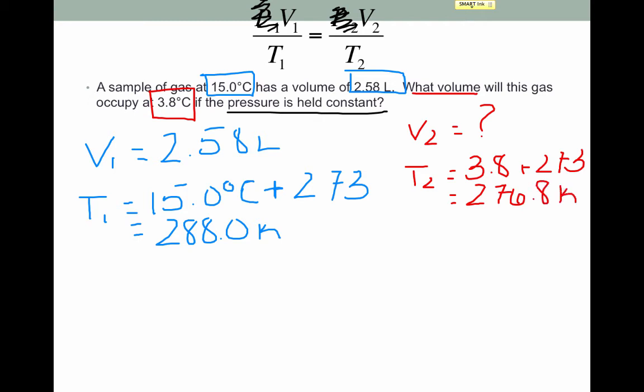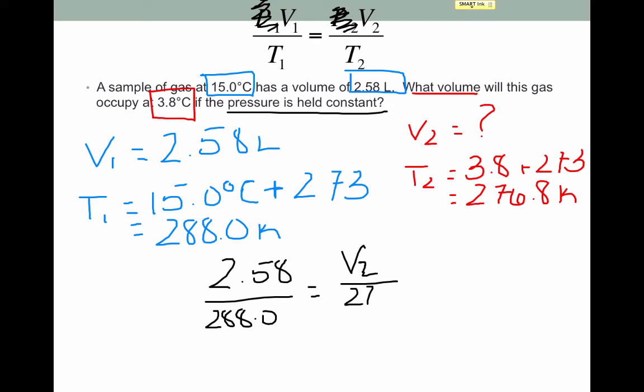Now we can plug these values into our equation. So we have 2.58 over 288.0 equals V2, or our x, over 276.8. Do the math, and you get a V2, a volume of 2.48 liters.